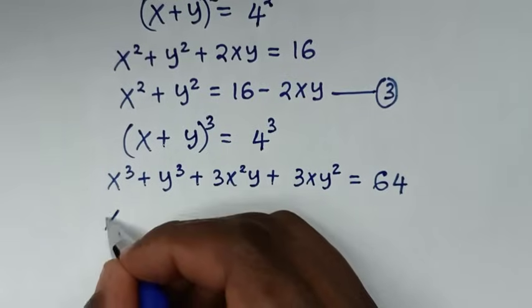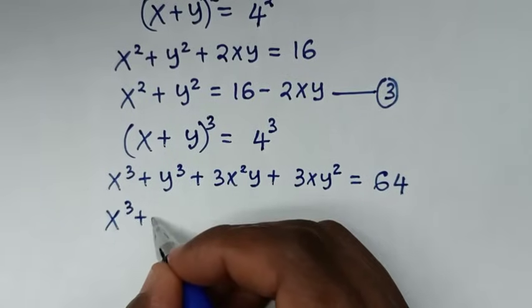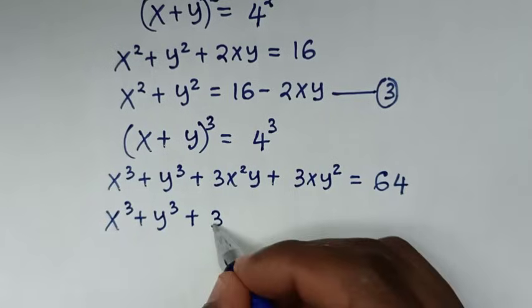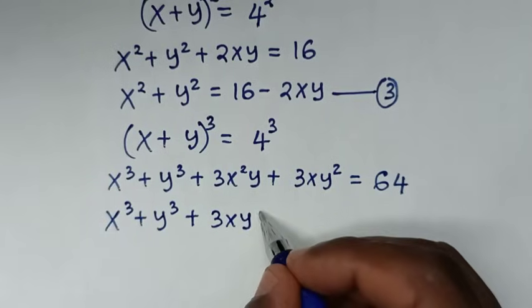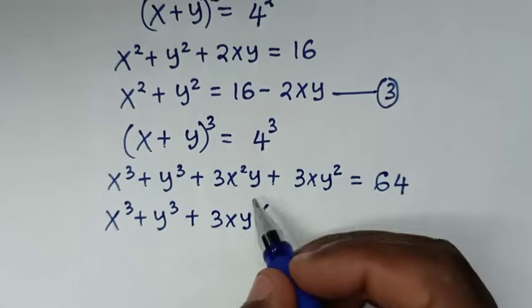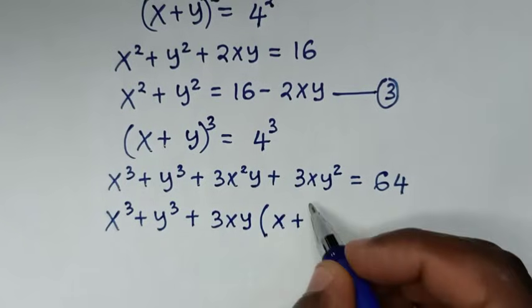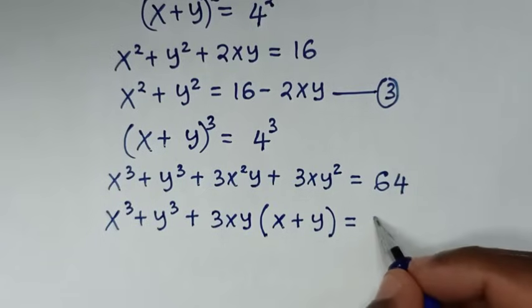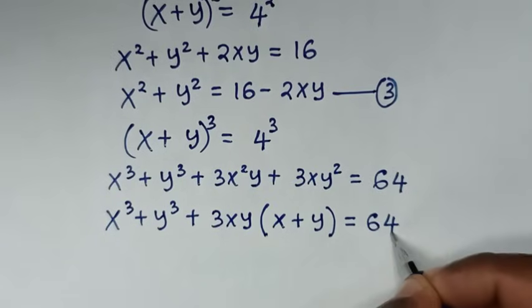Then it will be x^3 + y^3 + 3xy(x + y) = 64, since 3xy is common, so we take it out of the bracket.